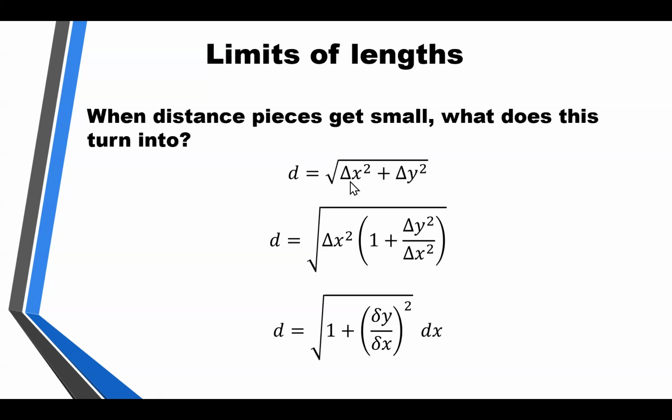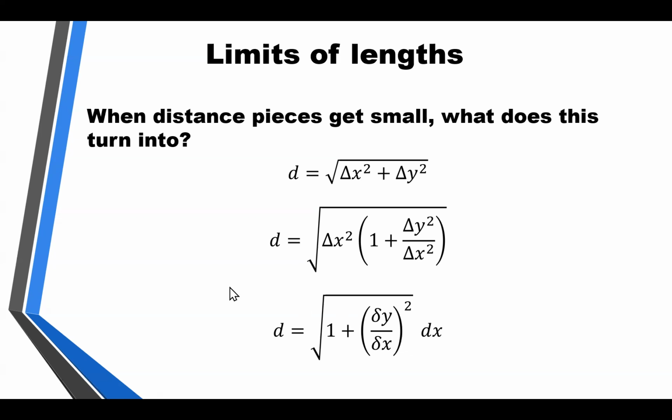You can actually factor out a change in x squared underneath this square root symbol, and then I end up with this. I can take the square root of the change in x squared, and then the square root of 1 plus change in y squared over change in x squared, separately.